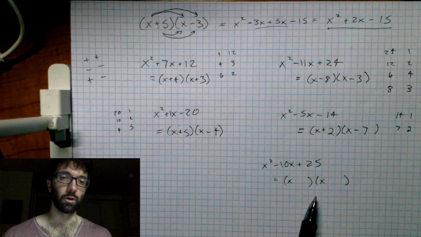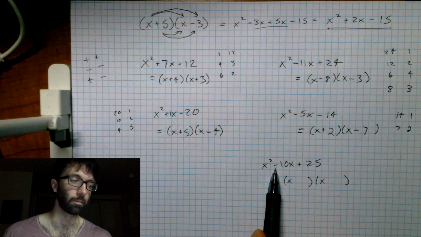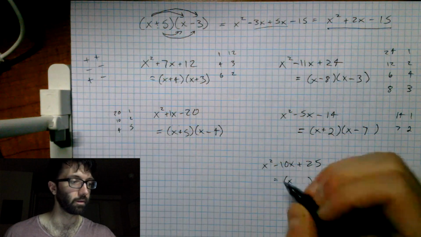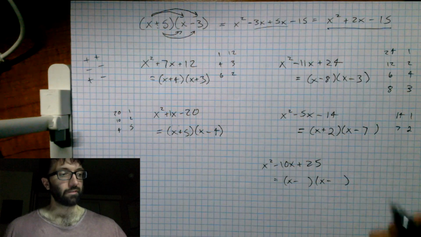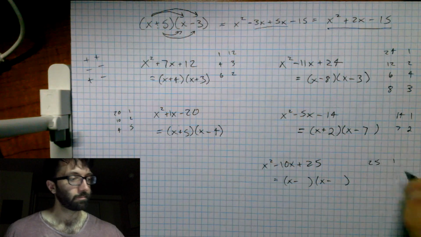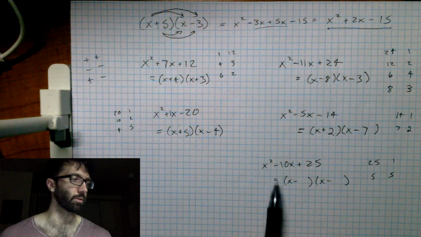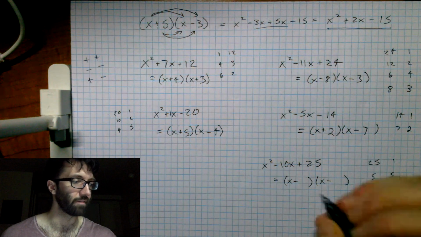So since I don't know yet, I'm going to look at this sign, and I see that they need to combine to a negative. So two positives isn't going to do that for me, so they both have to be negative. And now the factor pairs of 25, that will combine to negative 10. So there's no way 25 and 1 will do that. So it's got to be 5 and 5 here.